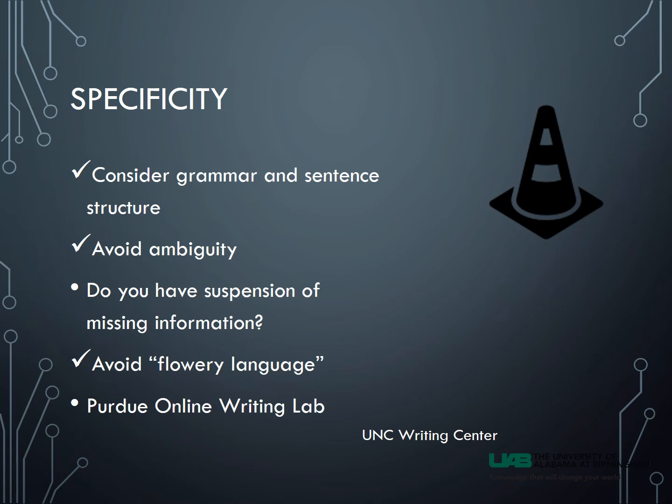However, if you have questions about the experiment's process, then that could mean the writing may be too ambiguous. And remember, we spoke earlier about the lab report being specific enough for anyone to follow along and replicate it. So it should be specific. And one way to do that is to make sure the writing avoids flowery language. So the ideas should be expressed in the lab report precisely and accurately.